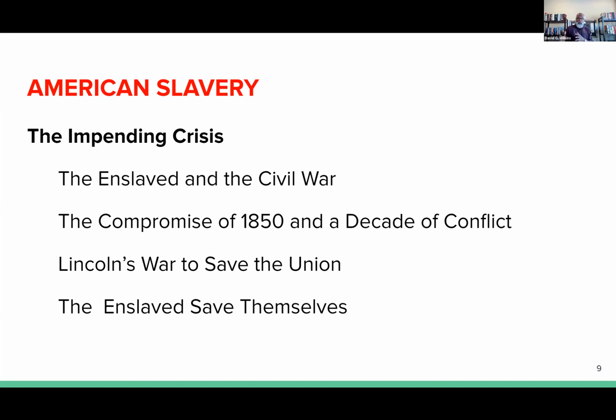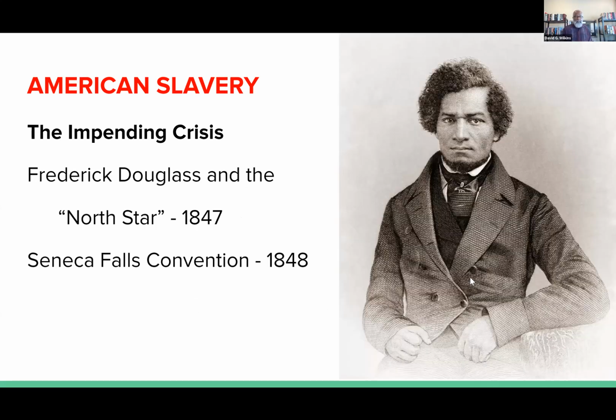We'll look at Lincoln's role, obviously critical, and his political genius in trying to maneuver both to keep the Union together, save the Union, and his address to the enslaved as a potential outcome. And then we'll look again, as we've said, really focusing on the role that the enslaved themselves played.